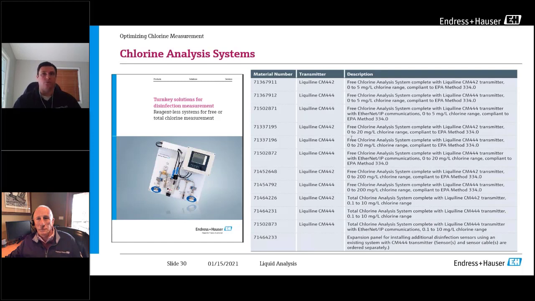So we have the 442, the 444 transmitter, and an Ethernet IP version, along with our expansion panel. So if you ever have questions on it, you can reach out to us, our inside team, our rep firms, and they'll be able to get you the correct panel that you need and sensor that you need for your application.